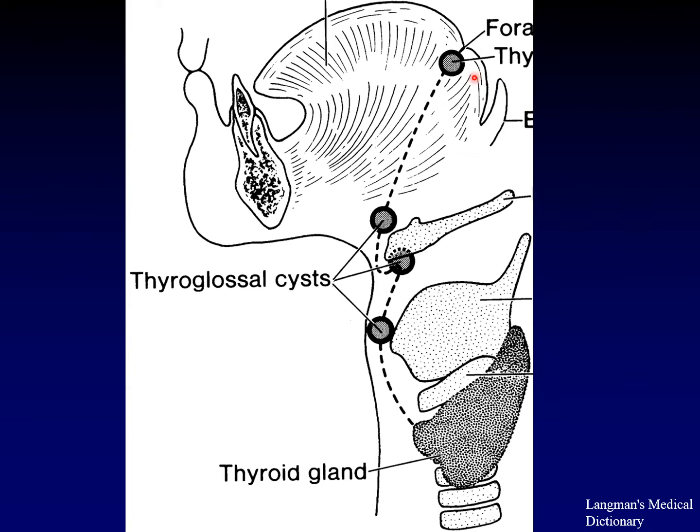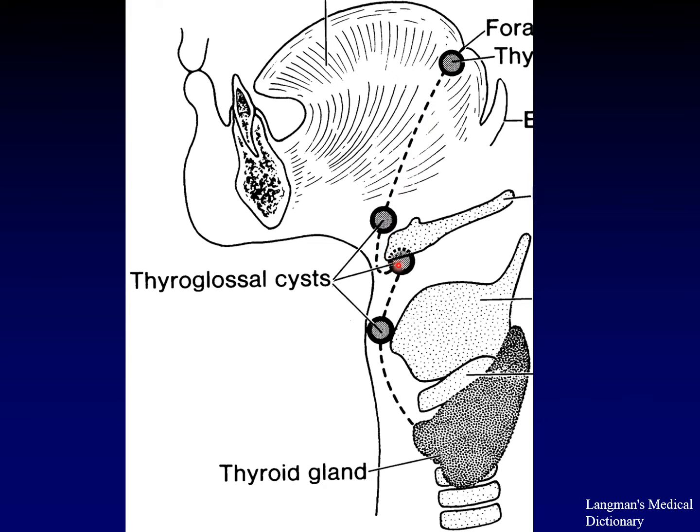It develops first in the tongue, right at the foramen cecum, which differentiates the oral tongue from the base of tongue. During fetal life, the thyroid gland migrates through the tongue and then down the front of the neck until it reaches its normal adult location.